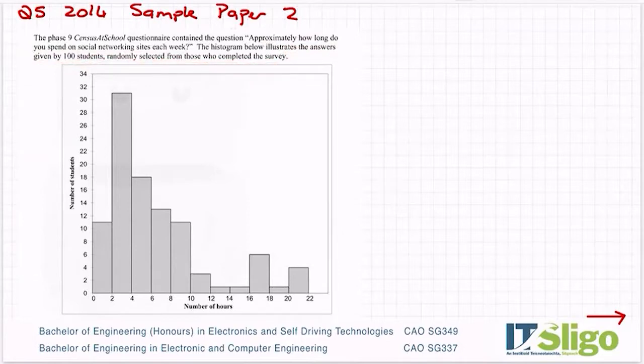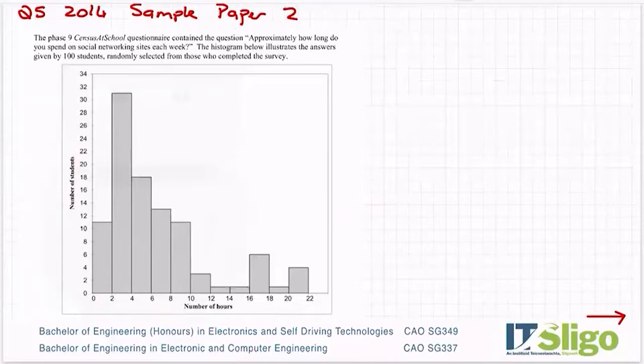survey. Okay, so we're looking at a histogram here, and a histogram breaks it up into intervals at the bottom. So I have 0 to 2, 2 to 4, 4 to 6, 6 to 8, all the way up to 20 to 22. Okay, and then on the y-axis, it shows you the frequency or the number of students.